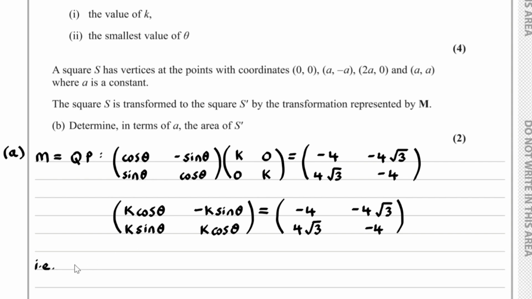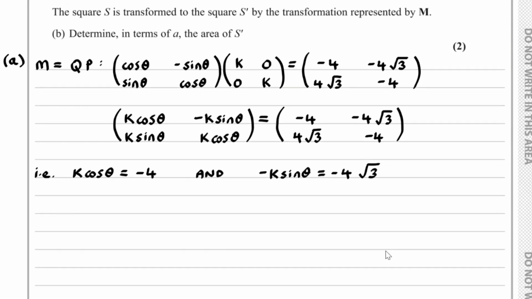We have k cos theta, which is equal to minus 4, and we have minus k sine theta, which is equal to minus 4 root 3. And we can solve these two equations simultaneously.